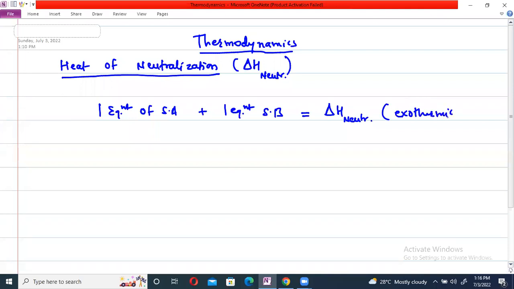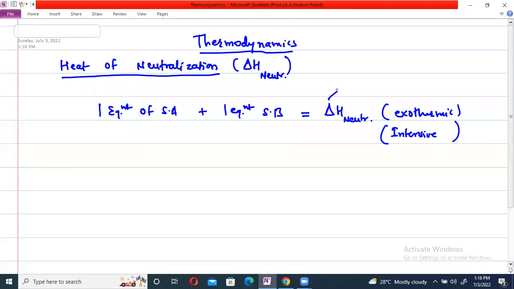It is always an exothermic process. From an exam point of view, I'll tell you the heat of neutralization is an intensive property.